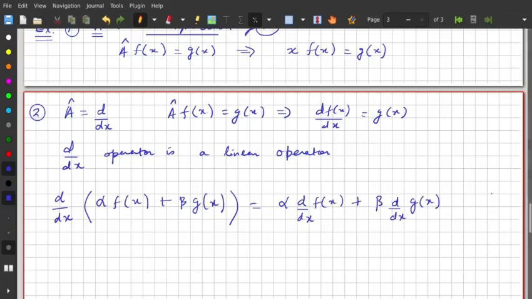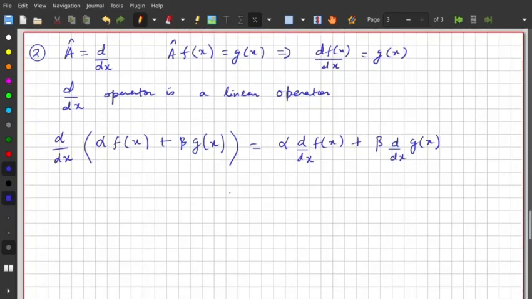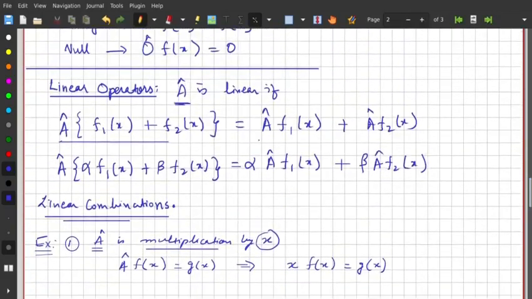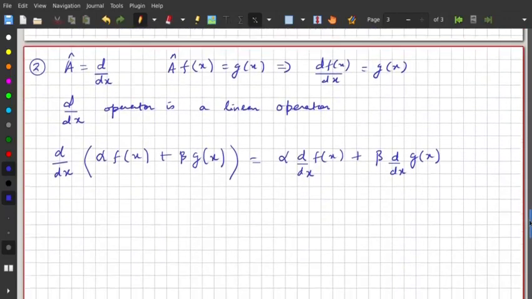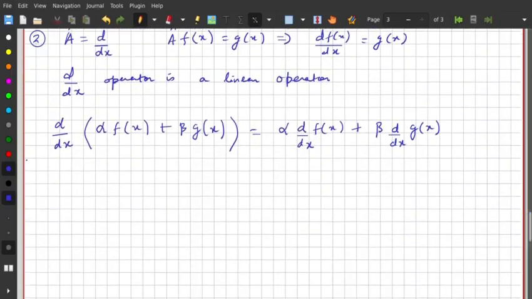So here you see the derivative operator is hence a linear operator, because it satisfies the definition of linearity, as you can see. So this is the general definition of linearity that we discussed before. Okay, so those are some of the very basic and simple examples of what kind of operators we'll be dealing with.